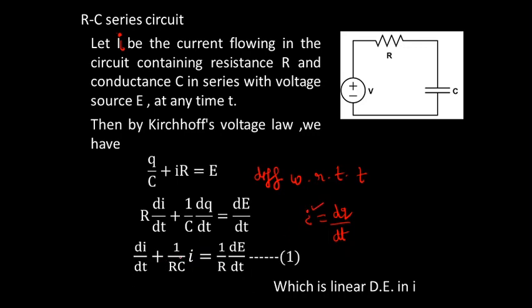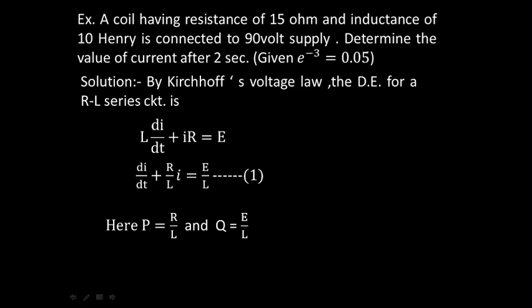This is a linear differential equation in t, so it can be solved exactly in the same fashion as we solved the RL series circuit differential equation. Okay, so let's have a couple of examples on this particular concept.